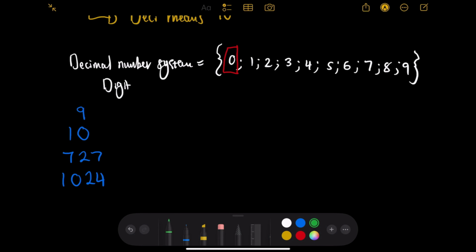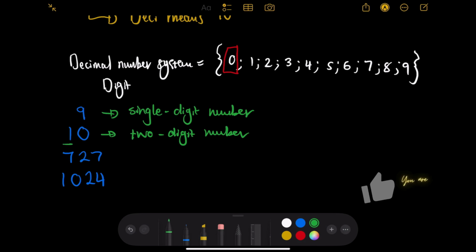So actually the number 9 will just be a single digit number. Then the number 10 will be a 2-digit number. Why? Because it contains 2 digits, 1 and 0. 9 is a single digit number just because it contains the digit 9.